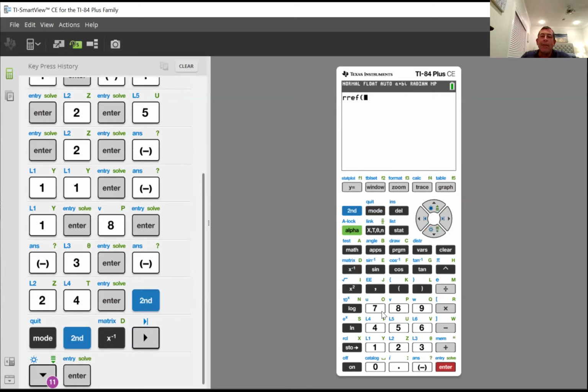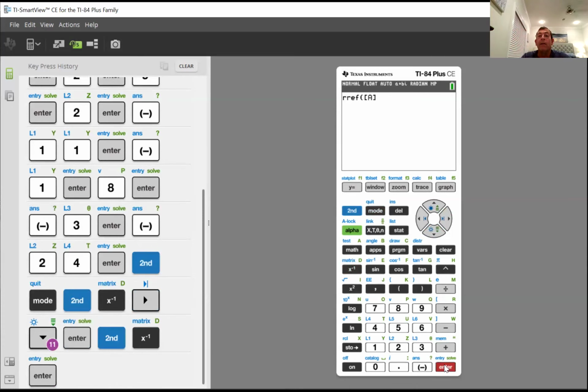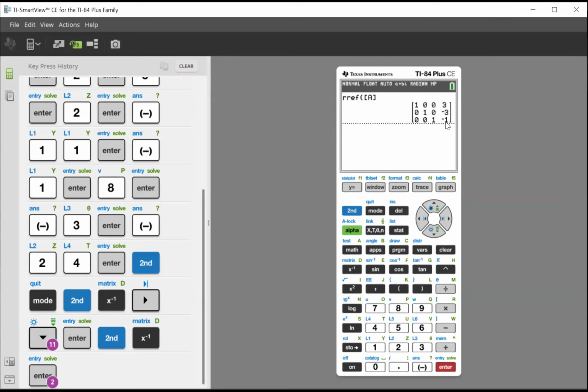Now, the third time, second, x -1. But this time I'm just going to hit enter because there's my 3 by 4 matrix. So it's on the screen. Now remember, we got 3, -3, -1 by hand. So when we hit enter, look at that right column, y'all. 3 for the X, -3 for the Y, -1 for the Z.